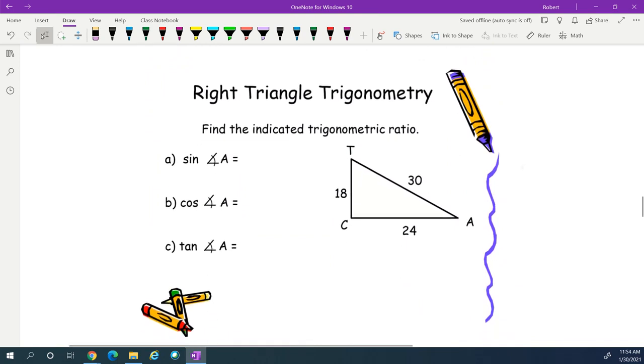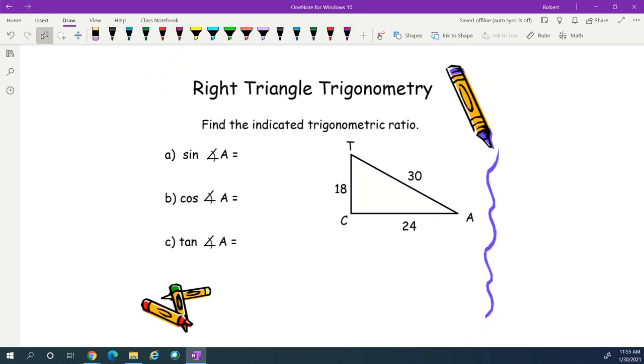So let's just look at how these work. Again, we identify the parts so that we can plug them into the formula. So let's see what's happening here. We're working with angle A as our reference angle. So that's the first thing we need to know, that this is our reference angle.